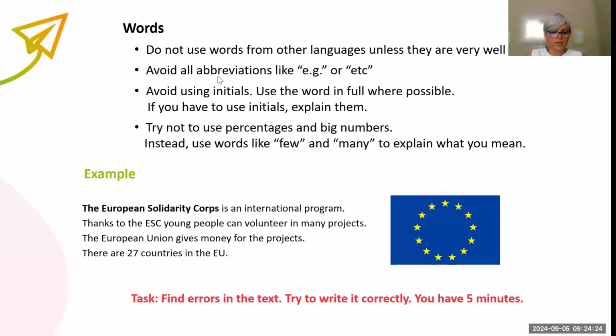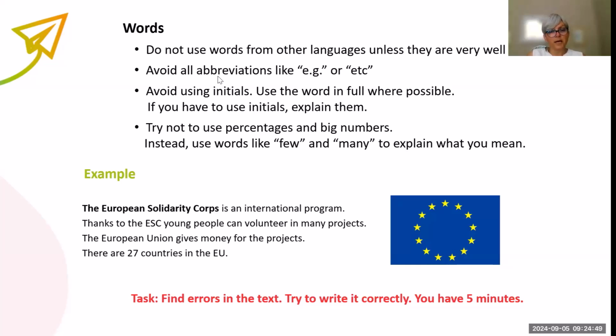Wherever it's possible, it's better to use the full word. Numbers may also be a problem for people with intellectual disability. So to make the text more understandable for them, it's better to use expressions like a lot of, many, a little, a few, instead of numbers.